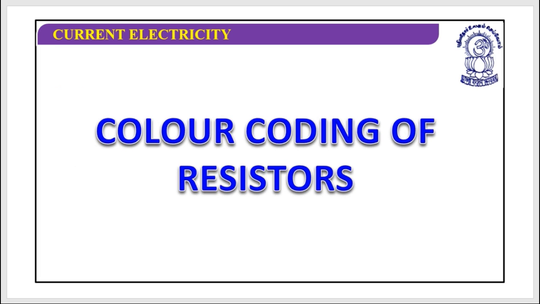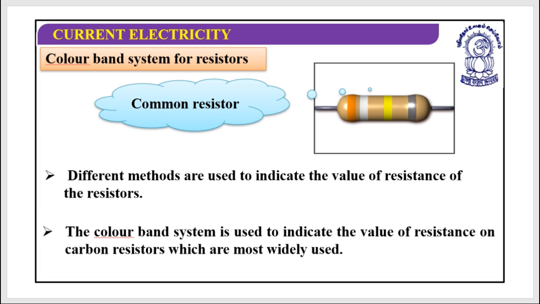It's the color coding of resistors. So actually what color coding is all about: when you go to the market and you ask the seller to give you a resistance of, let's say, any value, 100 ohm, 200 ohm, 6 mega ohm, 10 mega ohm, and so on, what you are going to have is something like this.